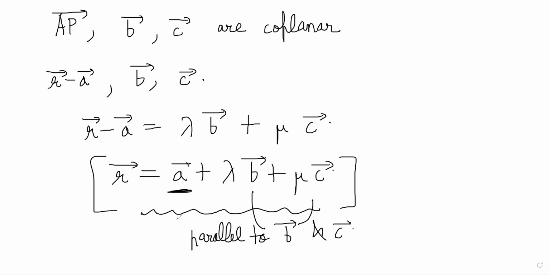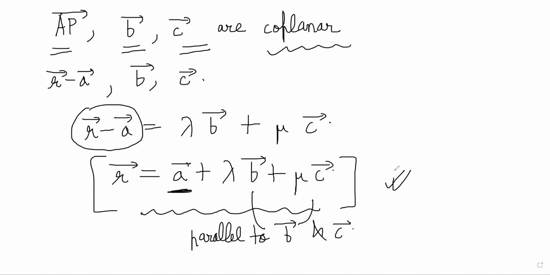If the plane passes through a point, then the line segment AP is in the plane, and also the plane is parallel to B and C directions. So basically we are saying AP, B and C are coplanar vectors, and we can write them in terms of each other. We can write R minus A as lambda times B plus mu times C, right? So this is an important form that you should be aware of. This is the equation of a plane passing through a point parallel to two given vectors.